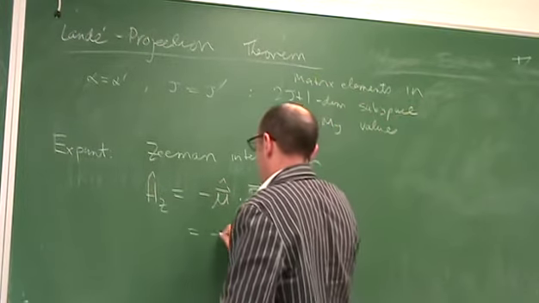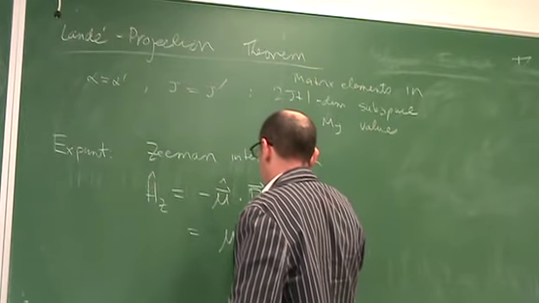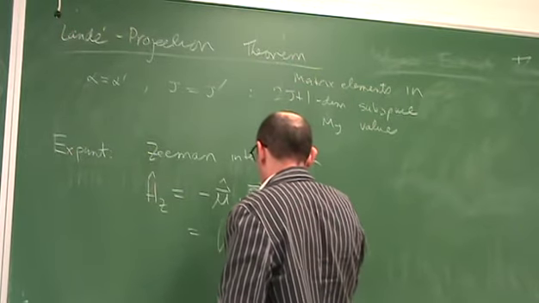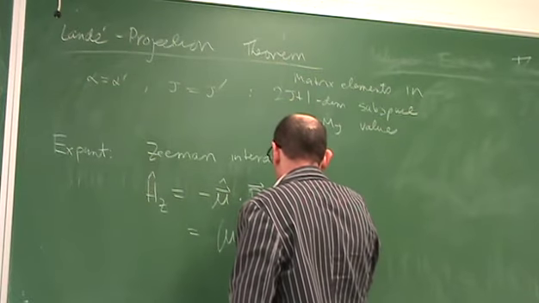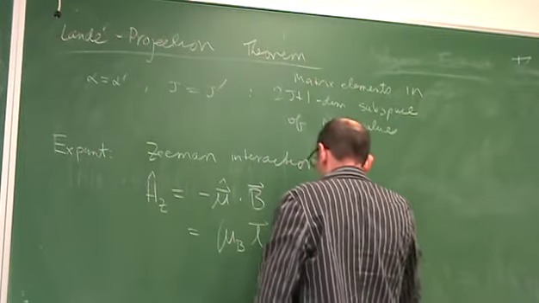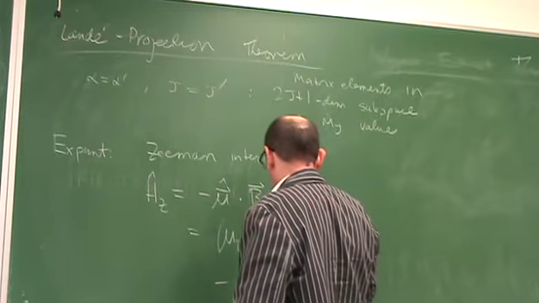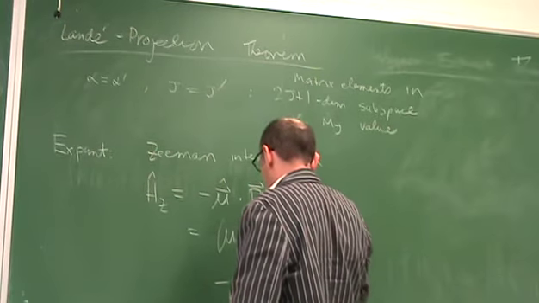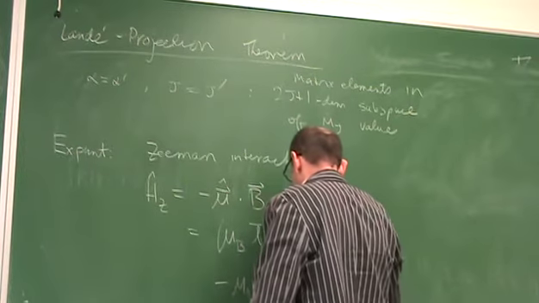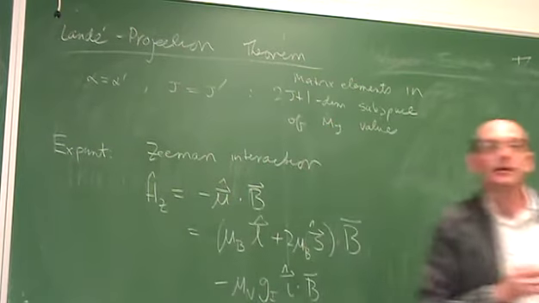Now, this is equal to mu_B L plus 2 mu_B S dot B, minus the nuclear magneton times the g factor times I dot B. Okay?